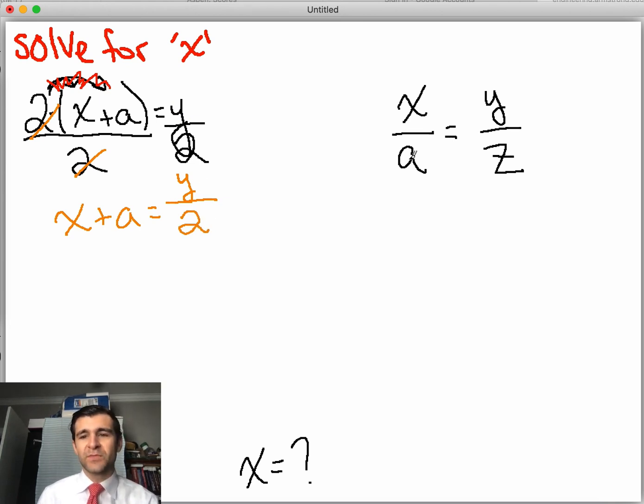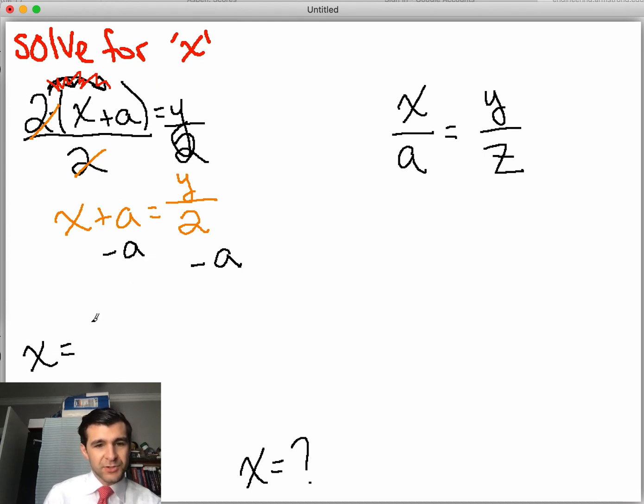divided by 2. Okay, and now we're actually so close to getting x by itself right now. The only thing left on the left side of our equation is this a. So let's get rid of the positive a, and let's do that by subtracting a on both sides. Okay, so on the left side of the equation, we have x equals, we have y divided by 2, we can drop that down.